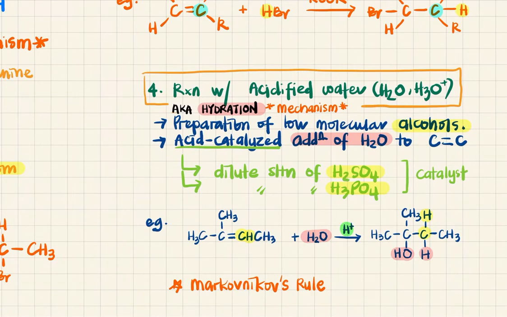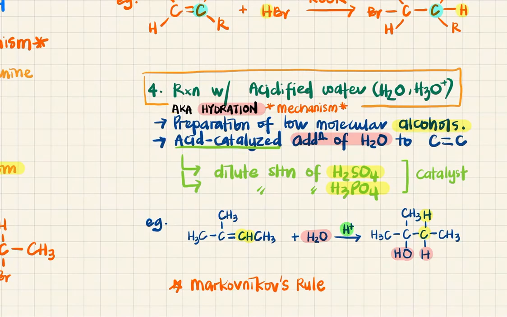Alright, next reaction we have is the hydration of your alkene. Okay, so that means this is a reaction with acidified water. We do this reaction, hydration reaction, maksudnya awak tambah water, maksudnya awak ada H dengan OH, to prepare low molecular alcohols, maksudnya awak nak prepare alcohol yang ada sikit carbon.